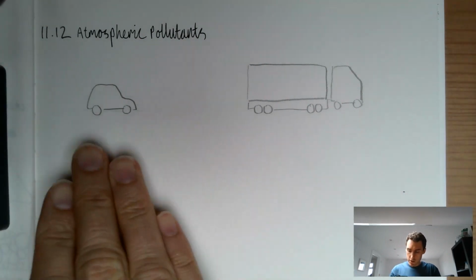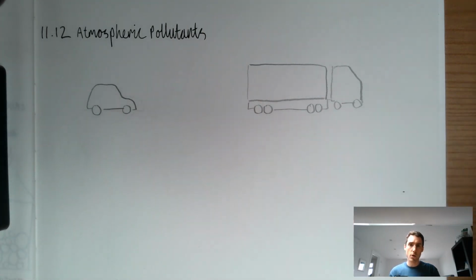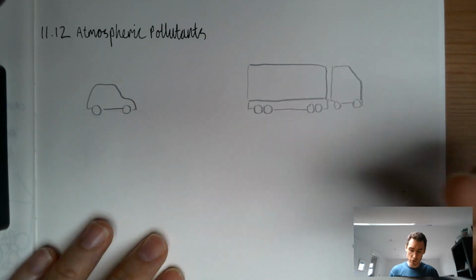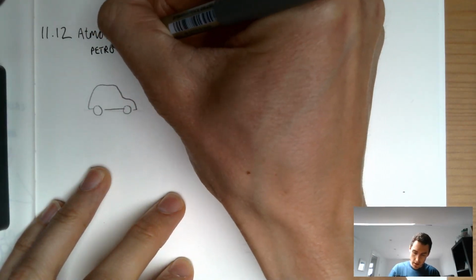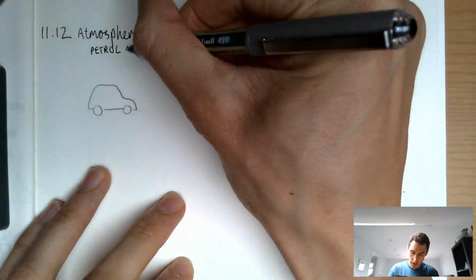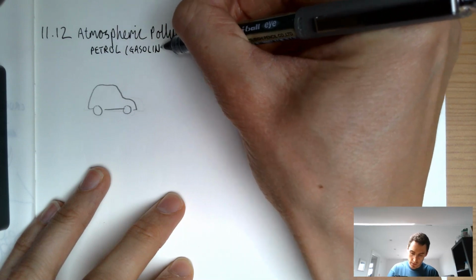So what I've done here is drawn two vehicles, a small car and a big lorry. And what we want to do first is emphasise to students that this is a petrol or gasoline engine. I'm just going to put petrol for now. But we can put gasoline as well, because that links back to what we did in the fractional distillation lesson.